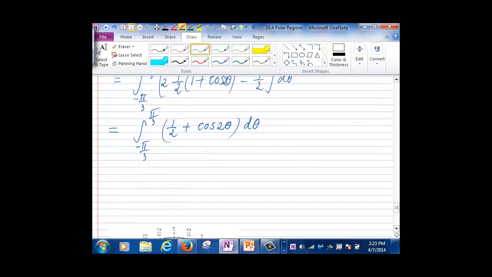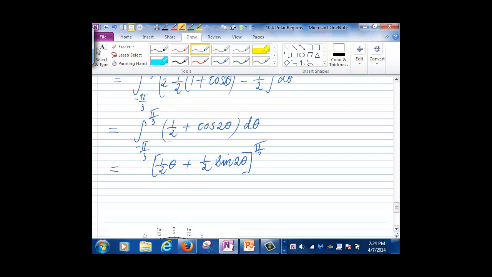What's the integral of a half? Half theta, right? And what's the integral of cosine 2 theta? Half sine 2 theta.